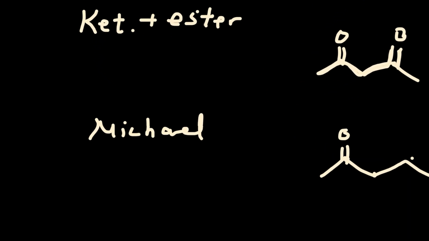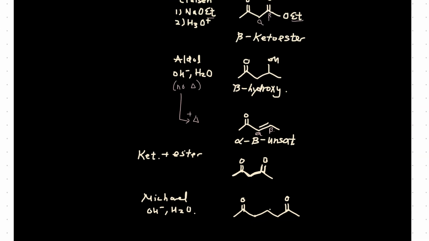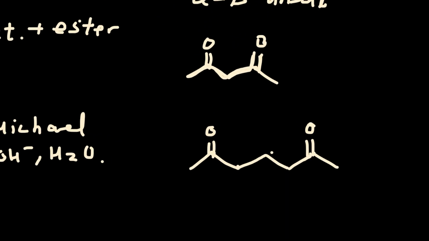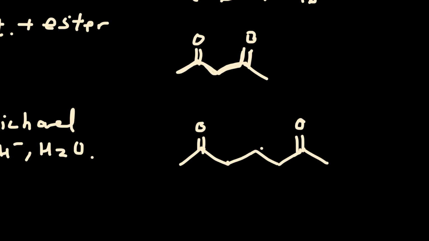So this happens in the same reaction conditions as the aldol reaction. Okay, sometimes they will throw you off by adding extra things on this dicarbonyl. So let's say something like this. But at the end of the day, it's still a 1,5 dicarbonyl.